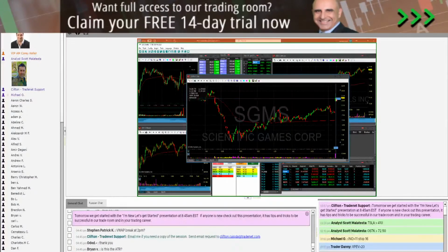That's $3.25. Not the average, the true range, TR in this case. The range, again, like I said, is the high minus the low. High of the day minus the low of the day.